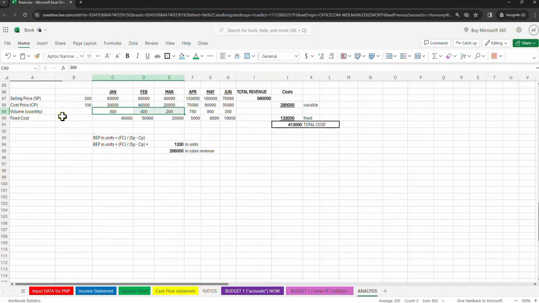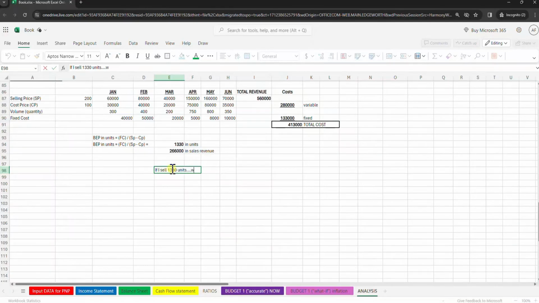Okay, so we're looking at break even at that point in time. All right, so if I sell 1330 units, we break even, at that point, which is equivalent to 266,000 Rand in terms of sales, to cover those costs.